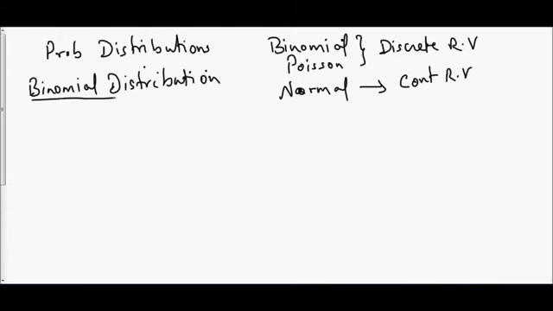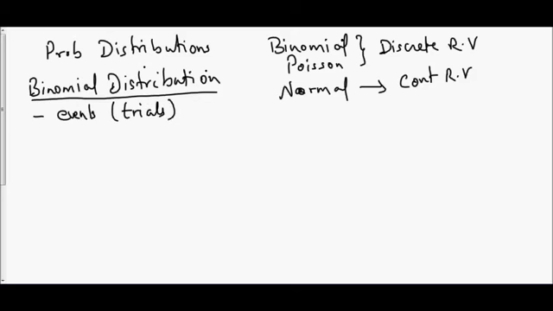There are some properties with which you can actually identify if the data given follows the binomial distribution or not. The first thing is it is discrete, and the second thing is you will be having the events being repeated in such questions. That is, the events, or here we call them trials.